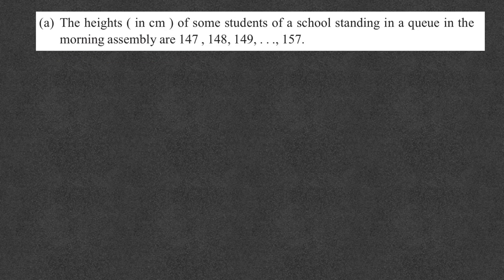Let's consider this example. The heights in centimeters of some students of a school standing in a queue in the morning assembly are 147, 148, 149 and so on up to 157. Now, is this an arithmetic progression? Yes, because what is 148 minus 147? It's 1. What is 149 minus 148? 1. So, the common difference is the same throughout.